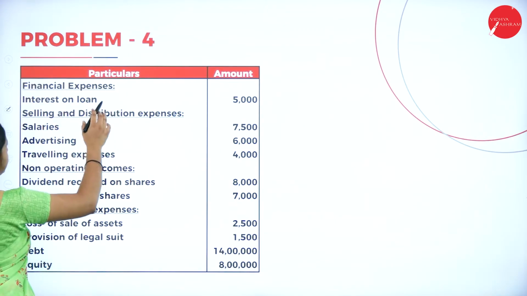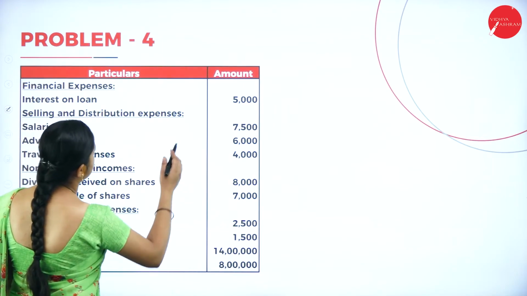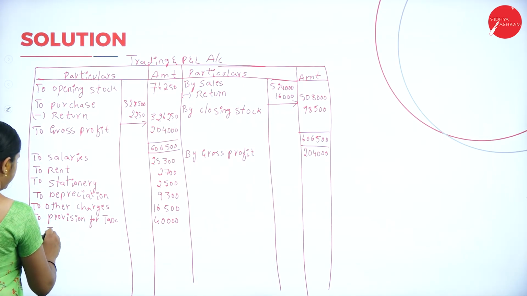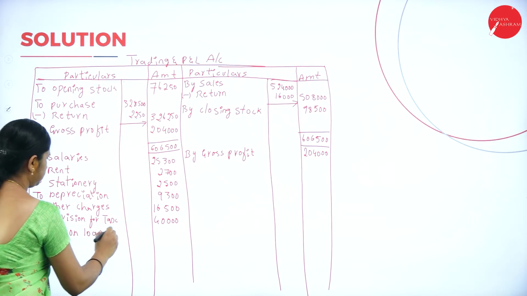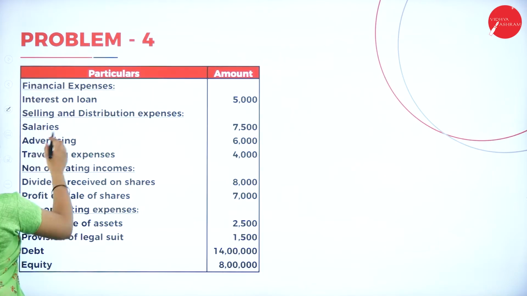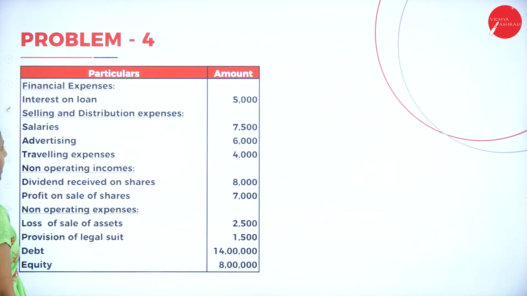Next, financial expenses. Under financial expenses, interest on loan 5,000. To interest on loan 5,000. Again, under selling and distribution, we have salary 7,500, advertising 6,000, travelling expenses 4,000.